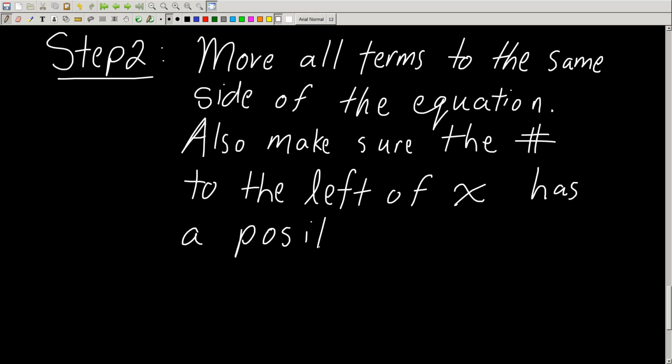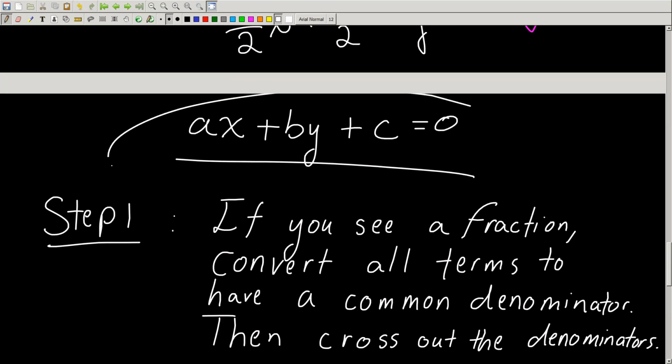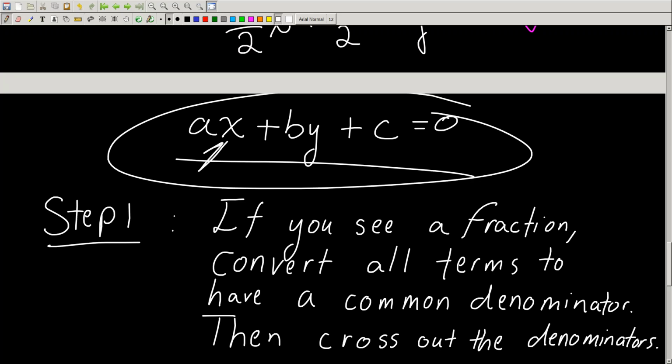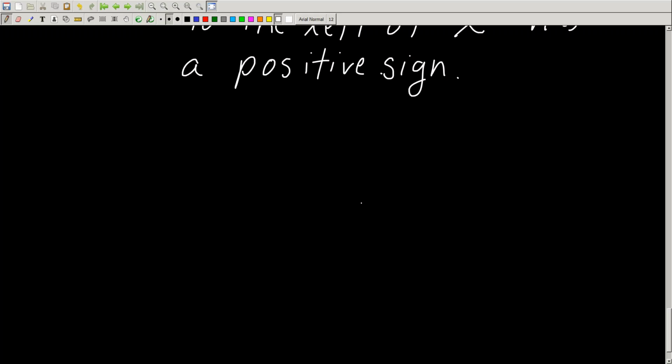This is just convention. We like the number in front of x to have a positive sign. And also, notice how the equation looks. It has the x term first, then the y term, then the term that doesn't have x or y at all. So that's the order that I want to convert it to.